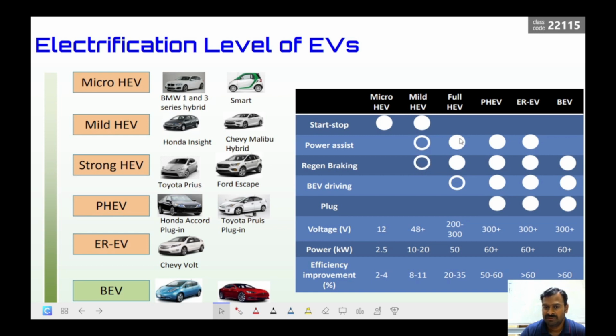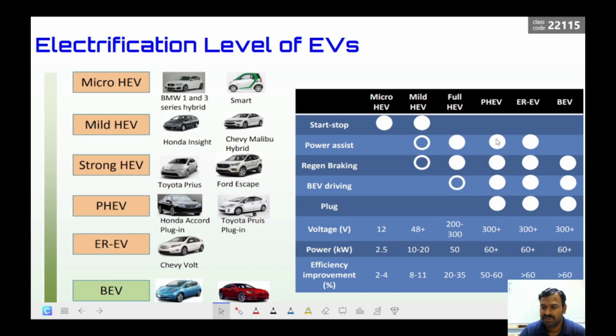In the full HEV, we have power assistance, regenerative braking, and BEV driving mode is also possible. Even if the battery is fully charged, you can drive the vehicle in pure electrical mode. With the help of a clutch, we can disconnect the engine from the transmission, so that the electrical motor itself can drive the vehicle. So this is for full HEV.